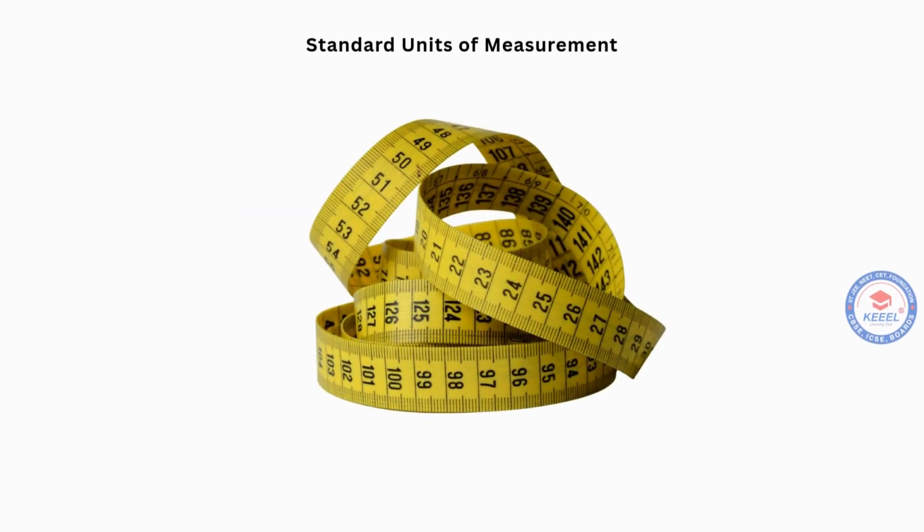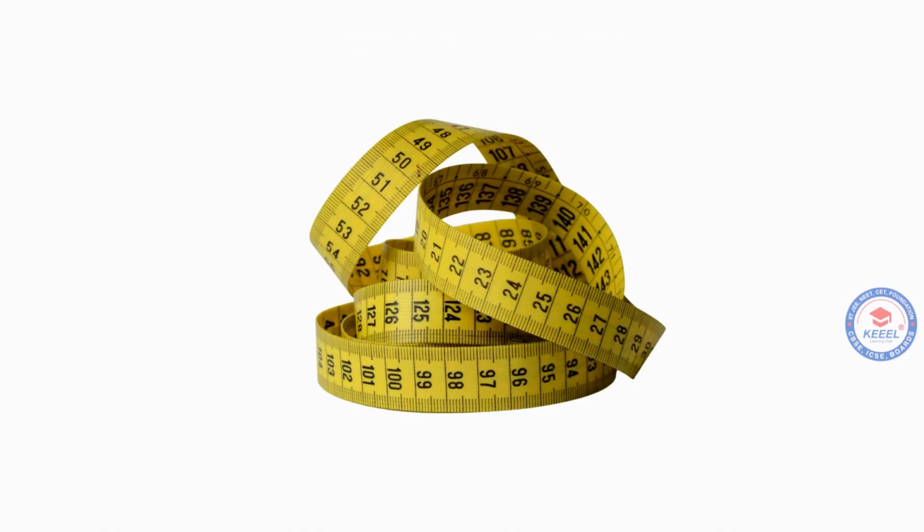Standard units of measurement. Long ago, people used their hands, feet, or arms to measure, but that wasn't accurate. Everyone's hand is different, right? So now we use standard units called the International System of Units, or SI units.